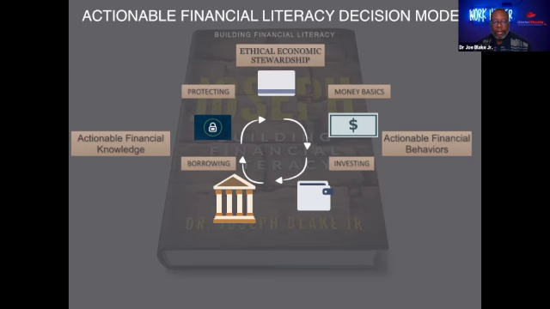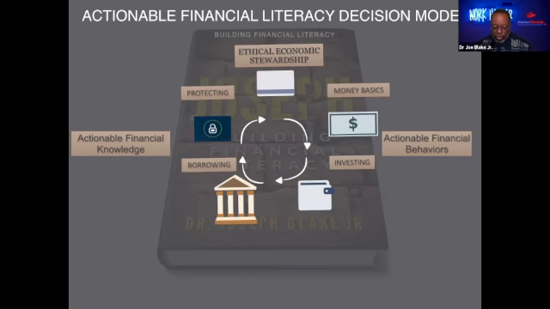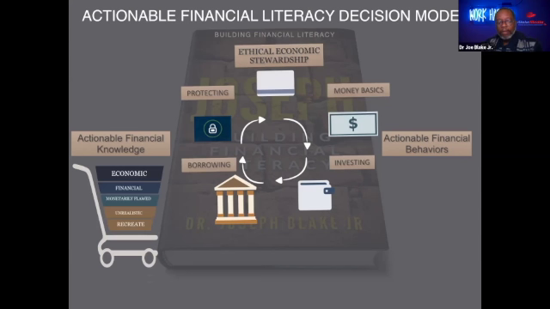Then we have the behavior model, and within the behavior model, you're looking at whether you're making the right economic changes, whether those changes are having the right financial effect, whether the money is piling up. If you're looking to become a millionaire overnight, that's not happening. It takes time to build wealth.